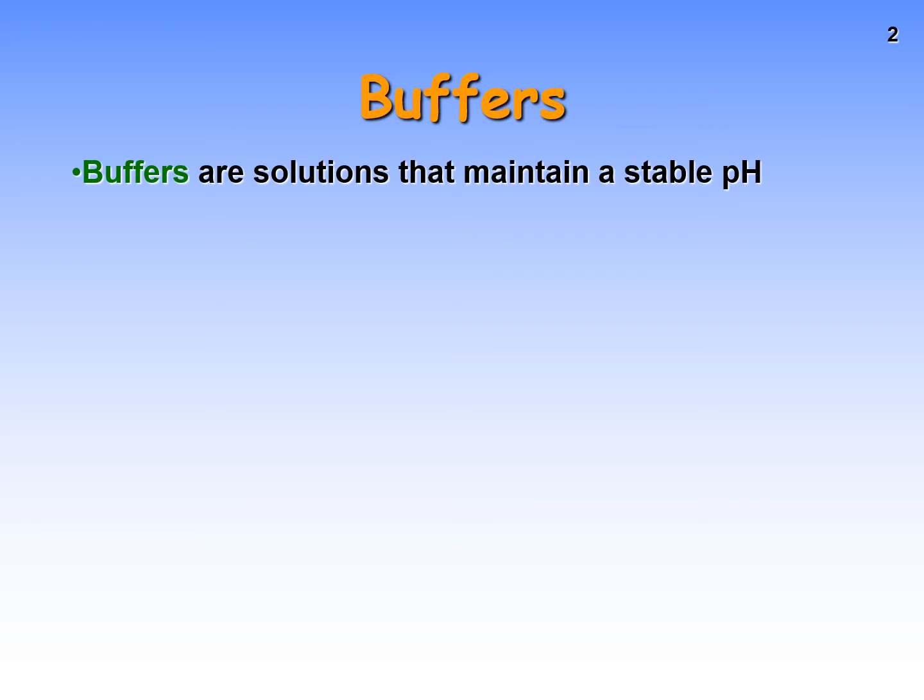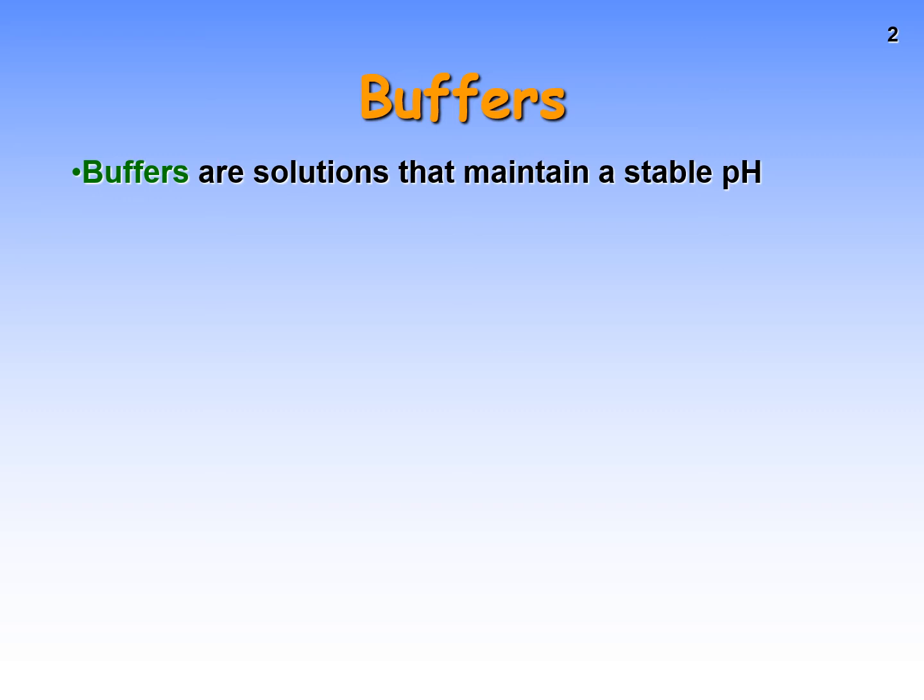A buffer is an acid-base solution where pH is maintained in a stable fashion. So what that means is if I add a strong acid to a buffer solution, it will not really change the pH very much as long as I add small amounts.